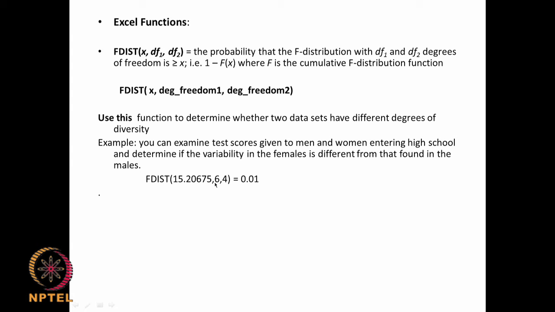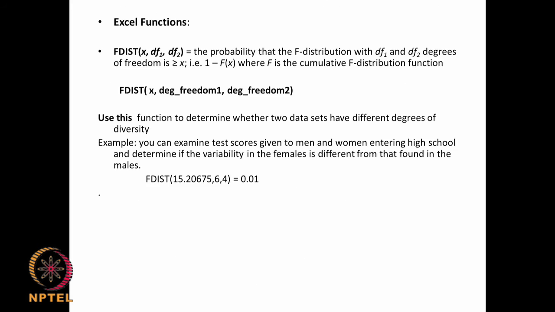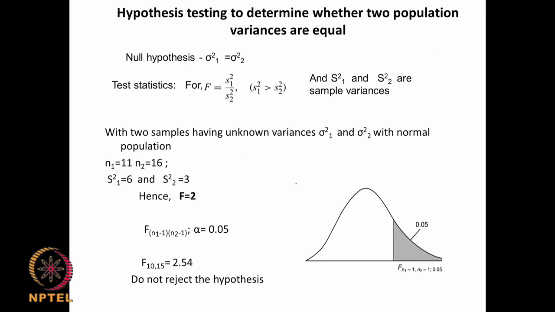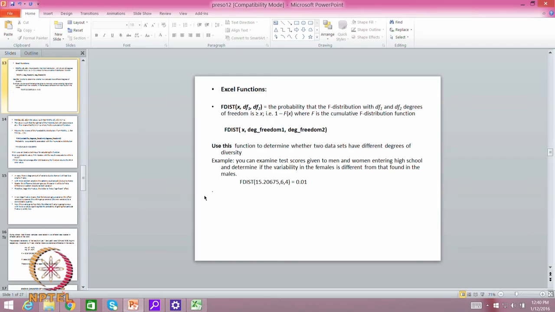So, we will give the F value and the degrees of freedom, and it will give you the probability. For example, let us take this particular problem: 2, 10 and 15. I will show you in Excel also.